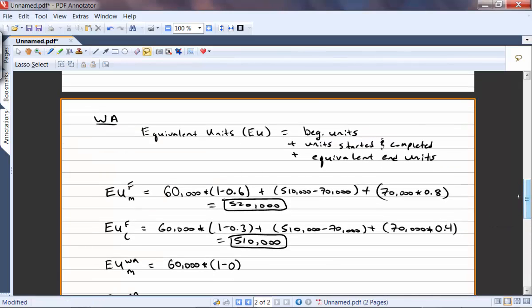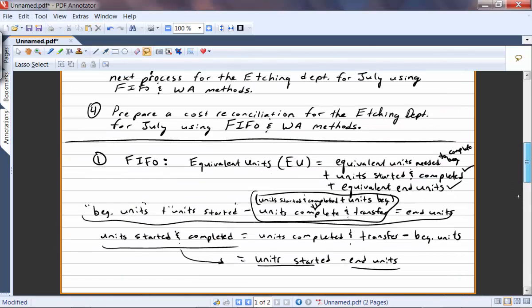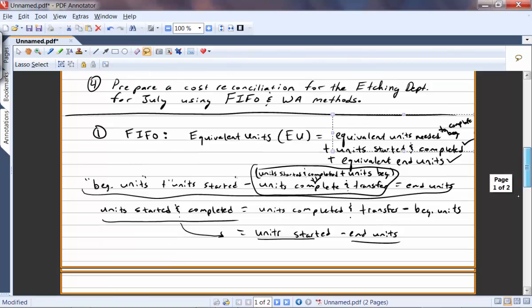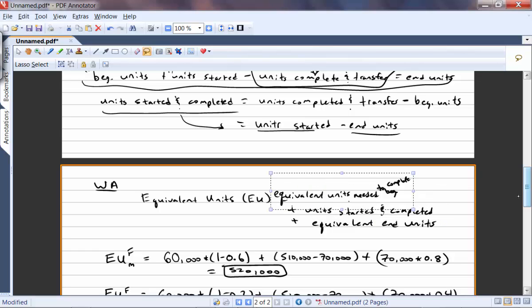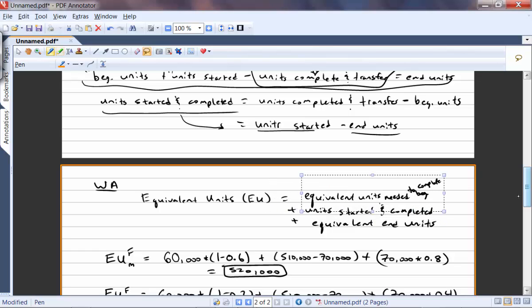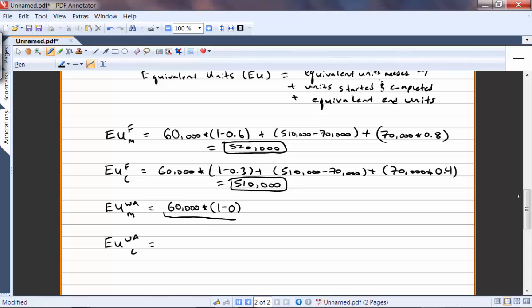I could replace this right here with the same thing as I had for FIFO, and it still makes sense. If I really want to make sure, what are the equivalent units needed to complete beginning work in process inventory? Well, under the weighted average assumption, where we assume every unit in the beginning inventory is 0% done, then these are the equivalent units needed to complete. It just turns out that those equal the beginning inventory, because we are assuming that each one is 0% done.